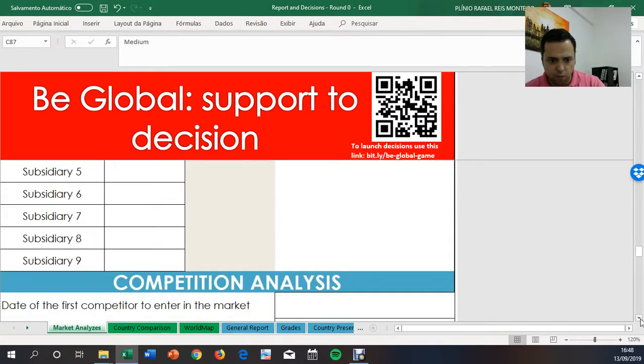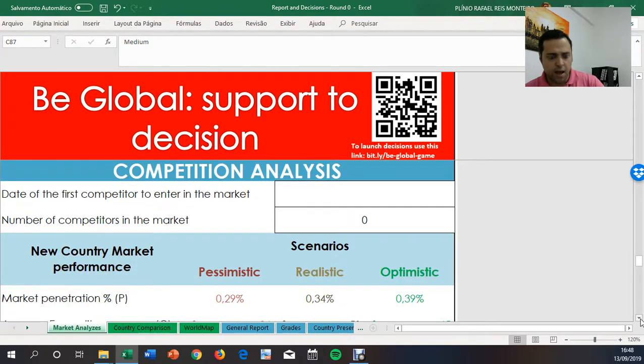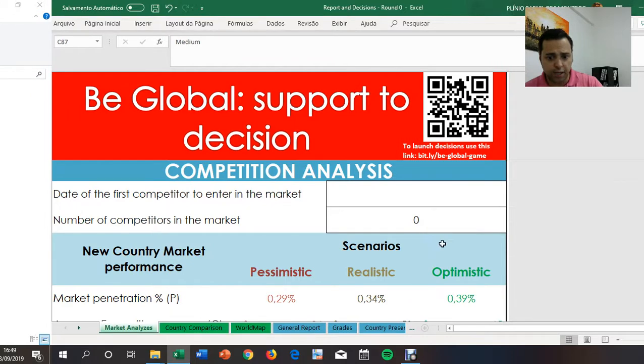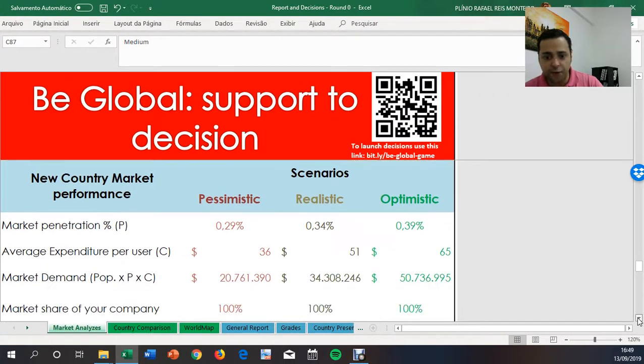So moving down, we can see that I'm supposing that you have no competitor in the country, and I have here 3 different scenarios. This is the expected percentage of people in the country that will use my app at the end of the first year. As you can see here, it varies between 0.29% and 0.39%.